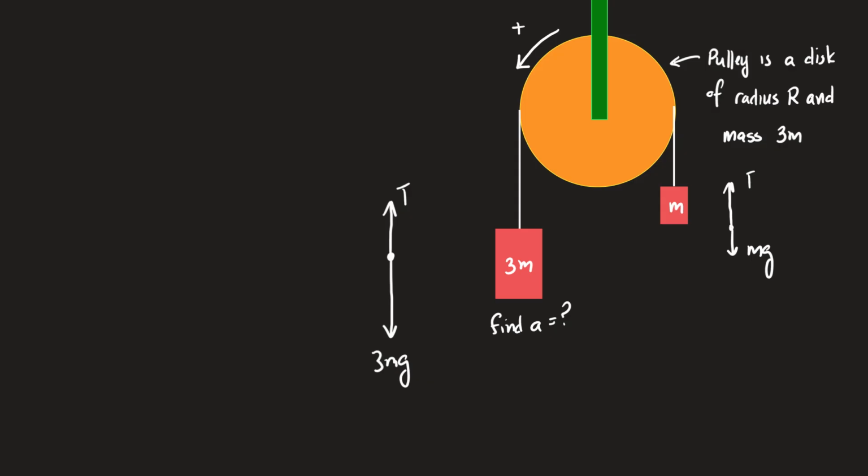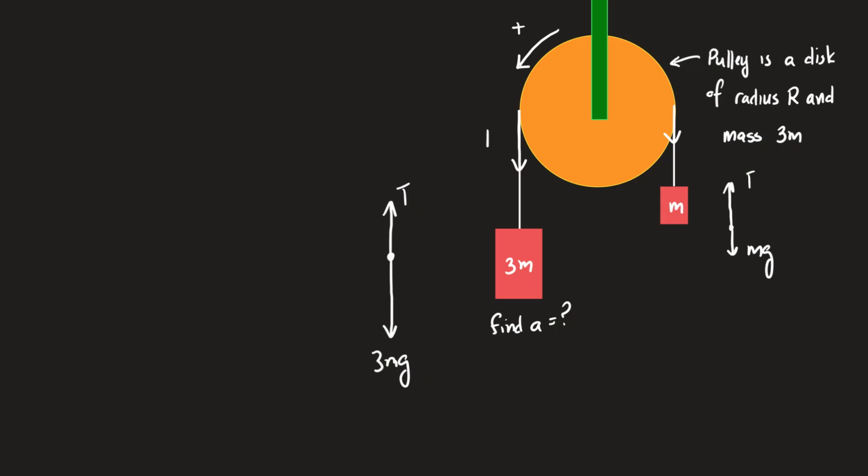It is the tension in the string that's acting downwards on the edge of the pulley on both sides. So you're going to have to differentiate the two tensions. They're not the same any longer.